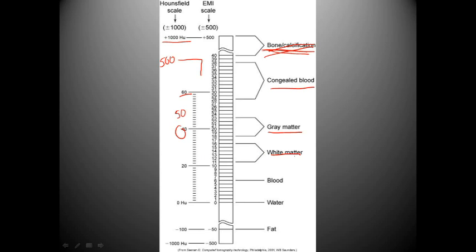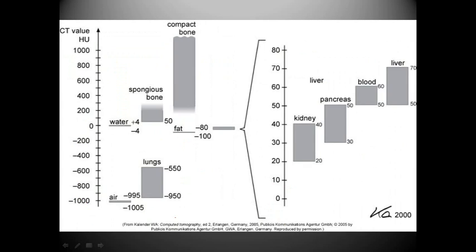White matter is slightly less dense and goes from about 20 to 30. Blood is just a little more dense than water, usually around 10 to 15 Hounsfield units, and water is going to be 0. Fat is slightly less dense than water, and so it has about the density of negative 100, and then air is going to be at negative 1,000 Hounsfield units.